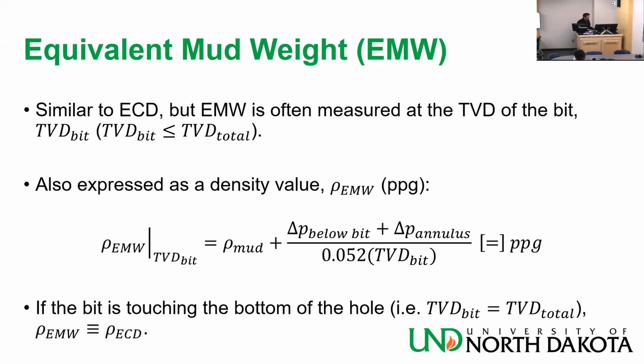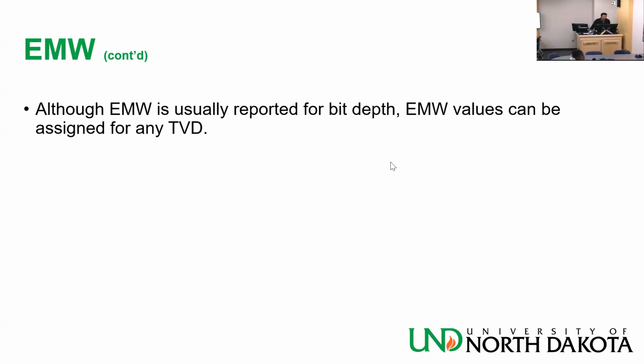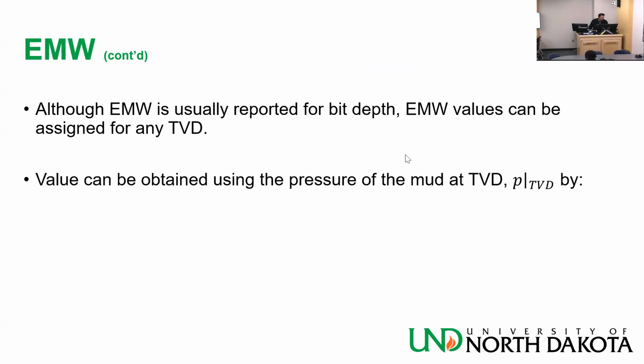I have a note here. If the bit is touching the bottom of the hole, TVD bit equals TVD total, and then you have EMW equals ECD. Although EMW is usually reported for bit depth, EMW values can be assigned for any TVD.